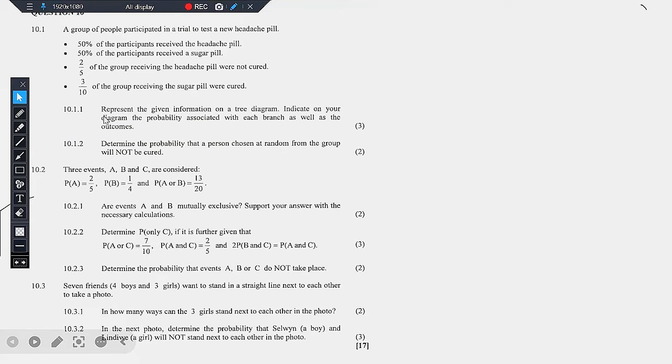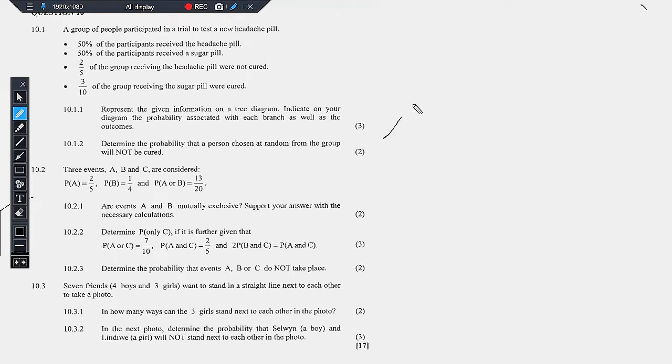Then 10.1.1 says, represent the given information on a tree diagram. Indicate on the diagram the probability associated with each branch as well as the outcomes, right? Okay, so we do understand that we have two events. The first event is taking either the headache pill or the sugar pill, and the second event branches to either being cured or not being cured.